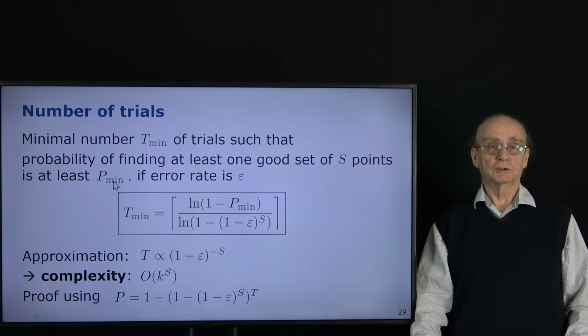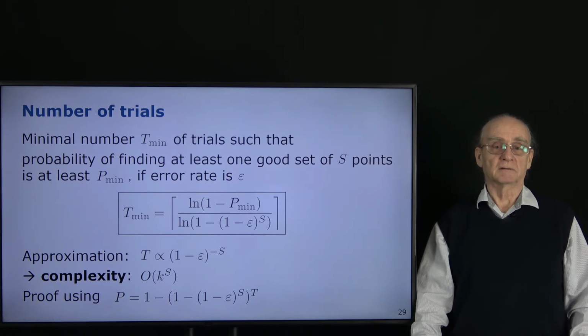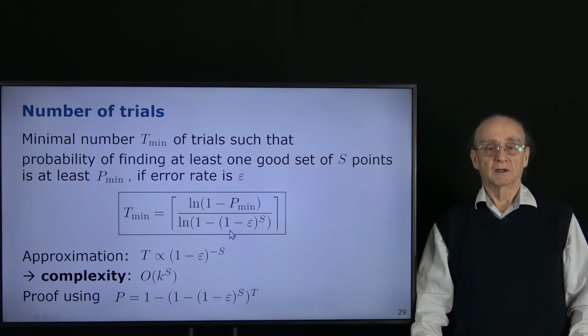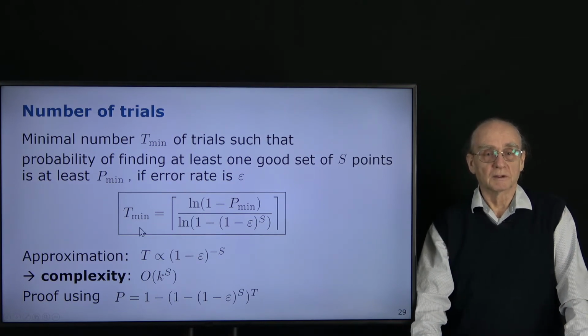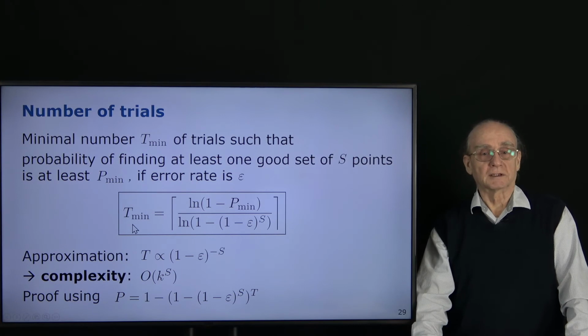So the probability should be larger than, let's say, 99%. We have 3 points and we have an outlier rate of epsilon. Then this equation gives us the minimum number of trials. These brackets are saying this is the ceiling of this real number, so we get an integer for the number of trials.